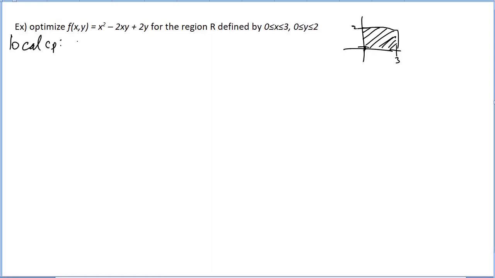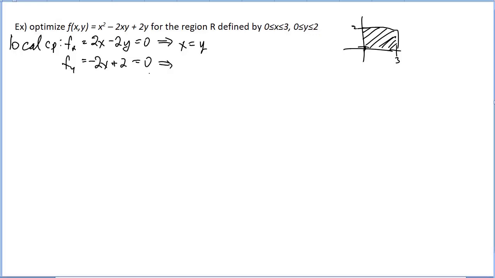So for local critical points, df/dx is 2x minus 2y, and that must be 0. df/dy is negative 2x plus 2, and that must be 0. So we can solve the first equation to see that x equals y.